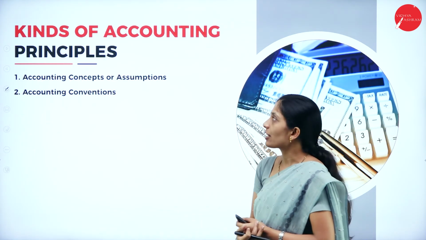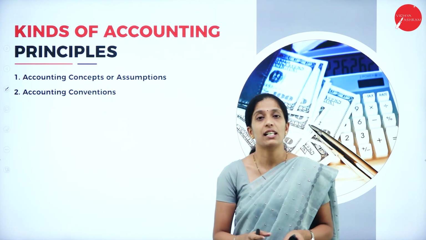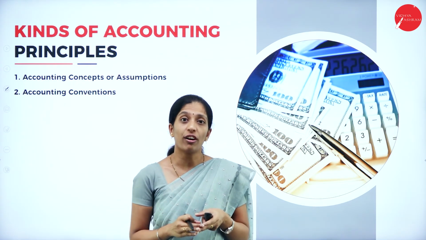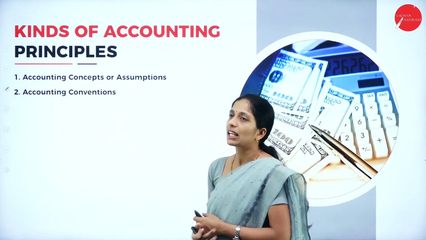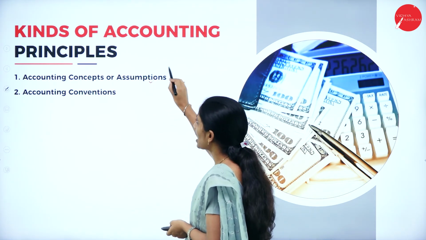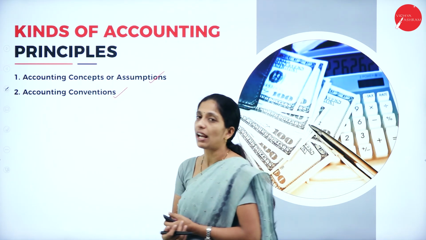Now, let us see the next concept, that is, kinds of accounting principles. We have already learnt why accounting principles have been introduced and what the meaning of GAAP is. Now, let us see the kinds of accounting principles. There are mainly two types: one is accounting concepts or assumptions, and the next one is accounting conventions.